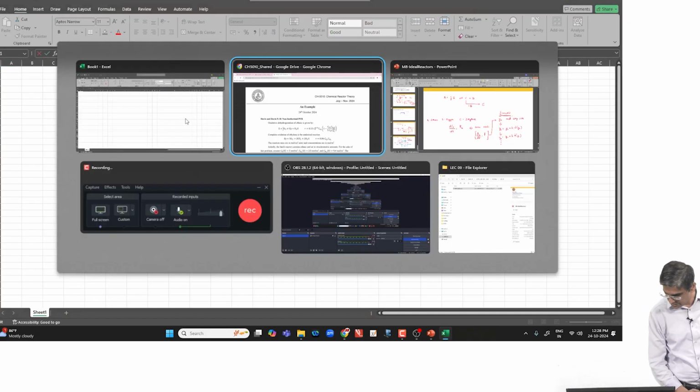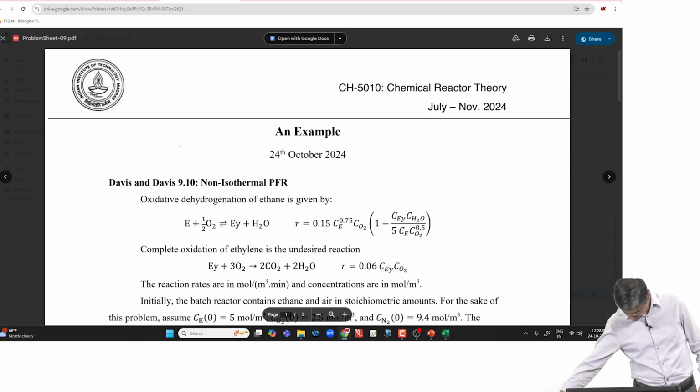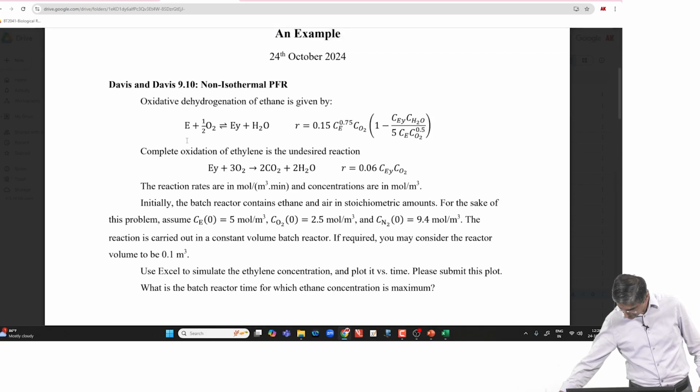So what do we have in this case? We have a constant volume batch reactor.